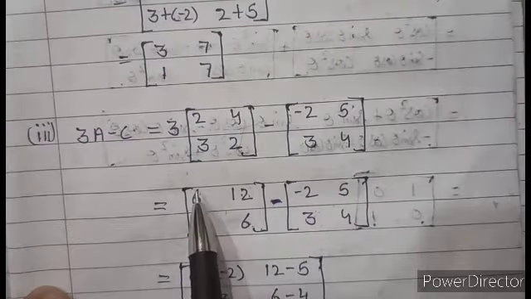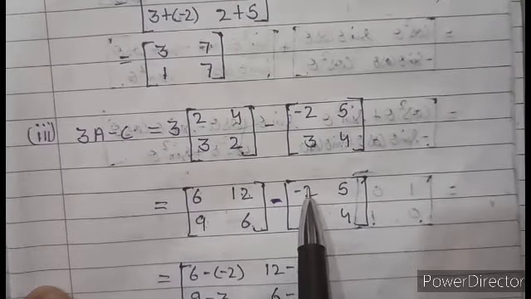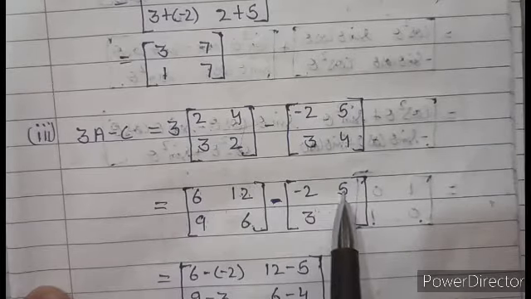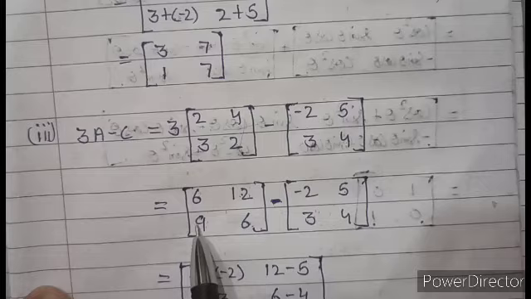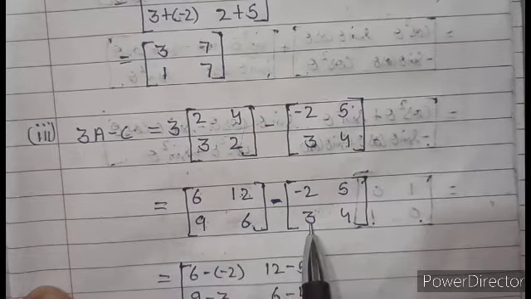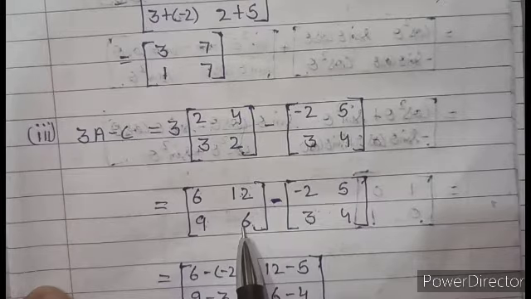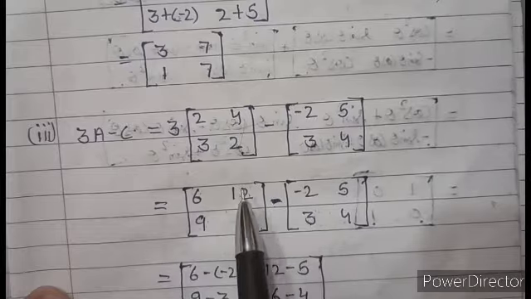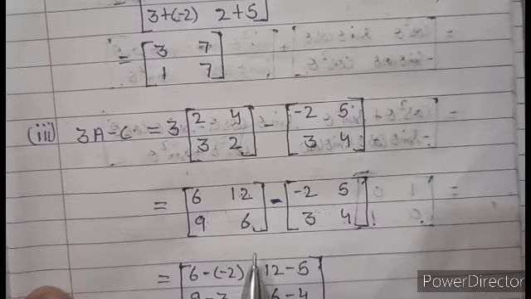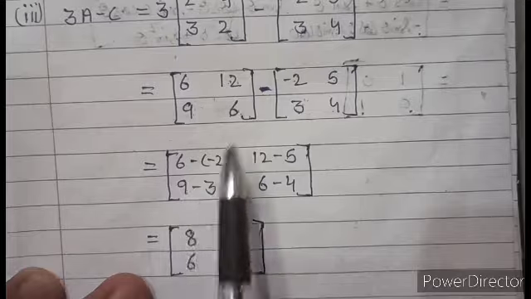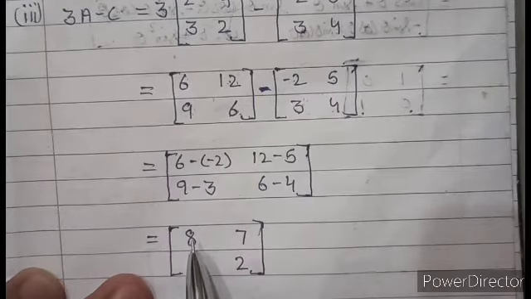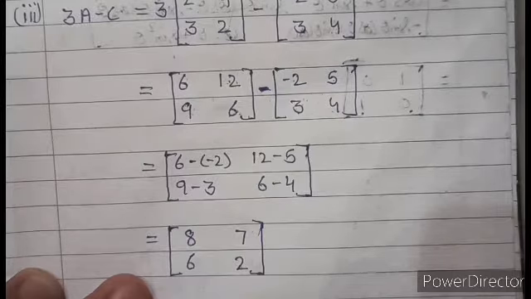That means A11 with C11, A12 with C12, A21 with C21 and A22 with C22. This will be 6 minus (minus 2), 12 minus 5, and similarly we can complete the second row, and that will give us the result as 8, 7, 6, 2.